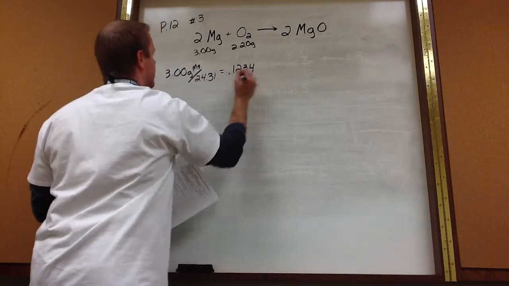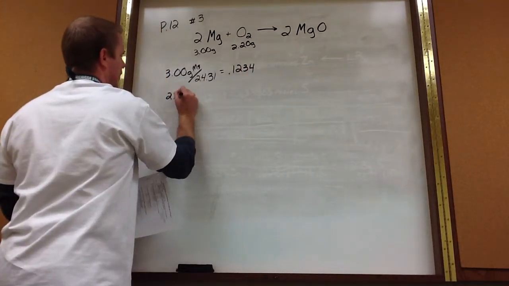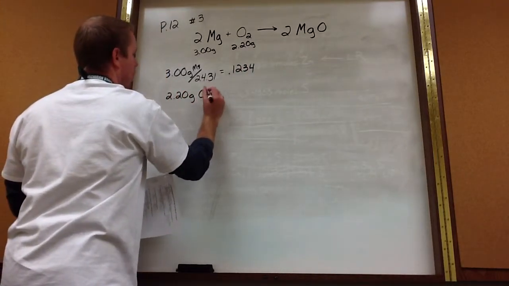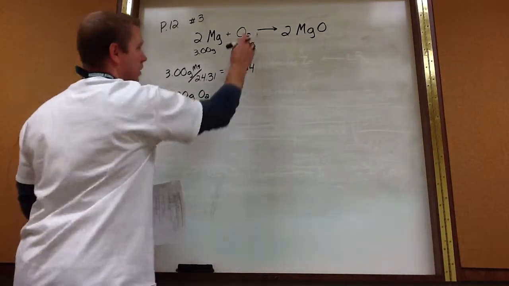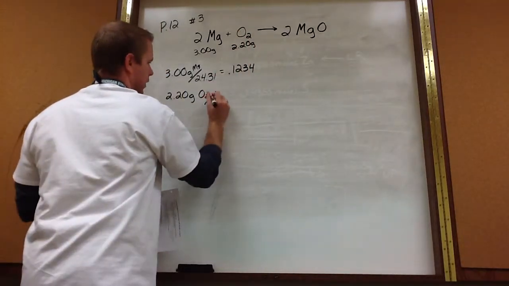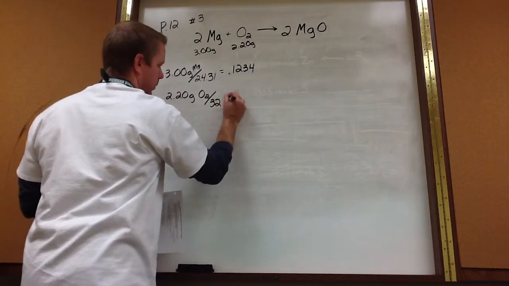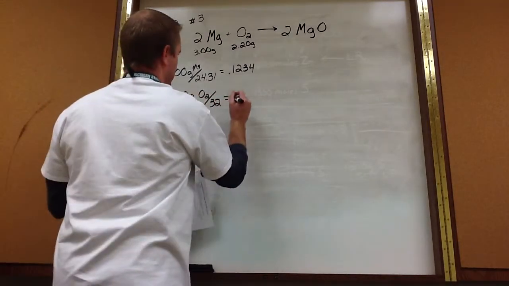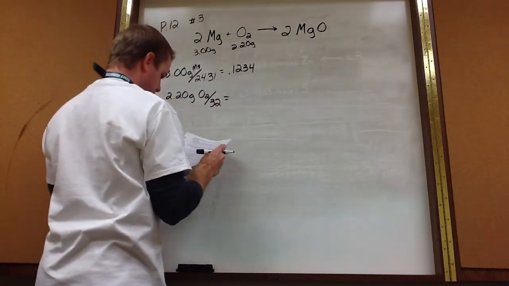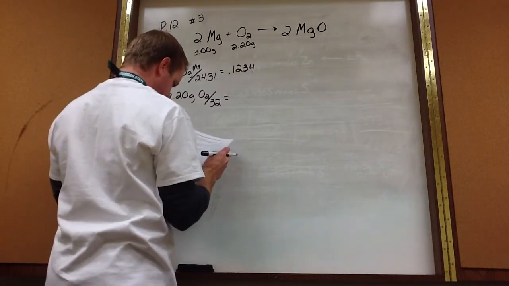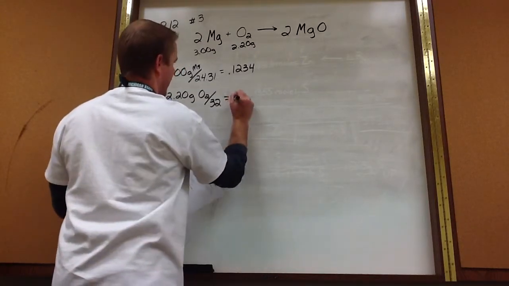Interesting. And then you take 2.20 grams of O2. Yes, it's O2 here. So it's divided by 32, right? Because it's O2. So you end up with 0.06875.